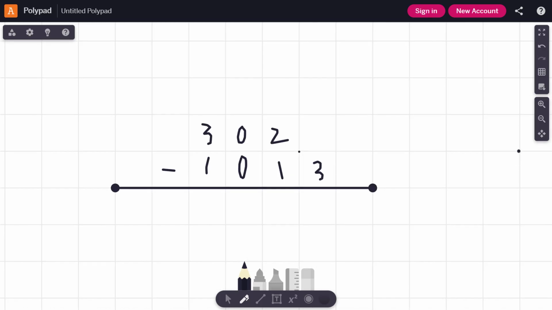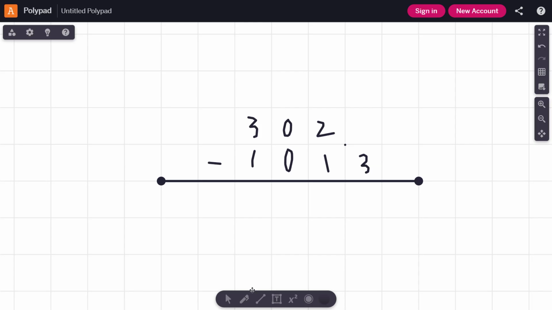So if we add a 0 here, 302 is still 302. When we know that, we can add a 0 to the end. This helps us a bit.